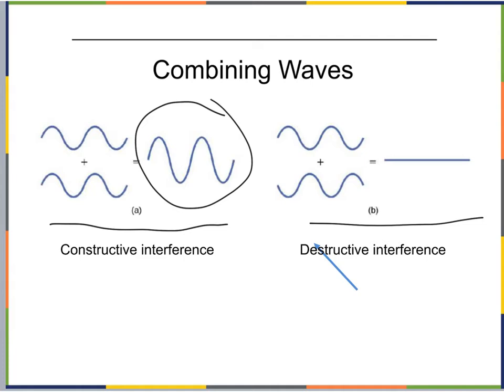Think about lasers, and how we get that signal stronger and stronger through constructive interference. But then there's the opposite, destructive interference, when the waves are completely out of phase. When they are completely out of phase, they cancel each other out, and the wave is gone.